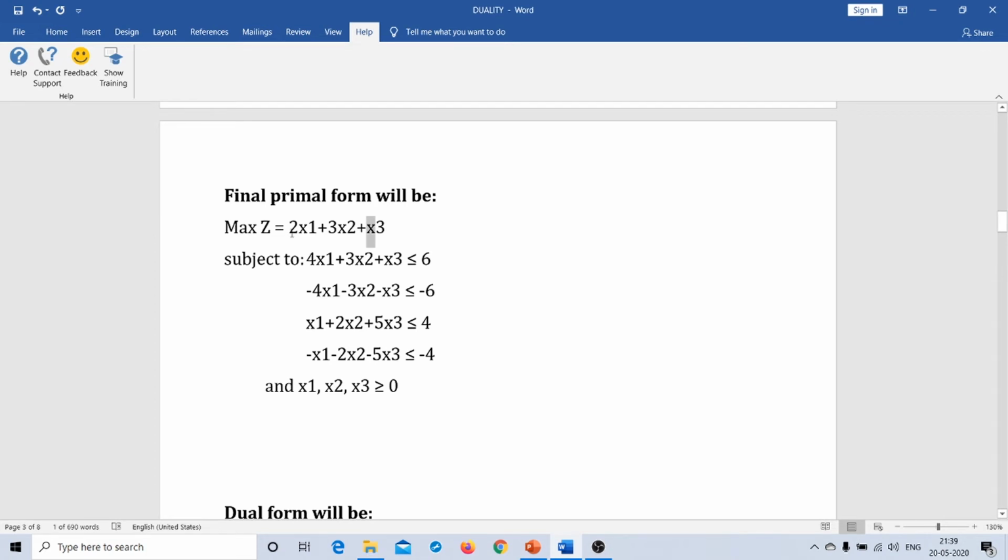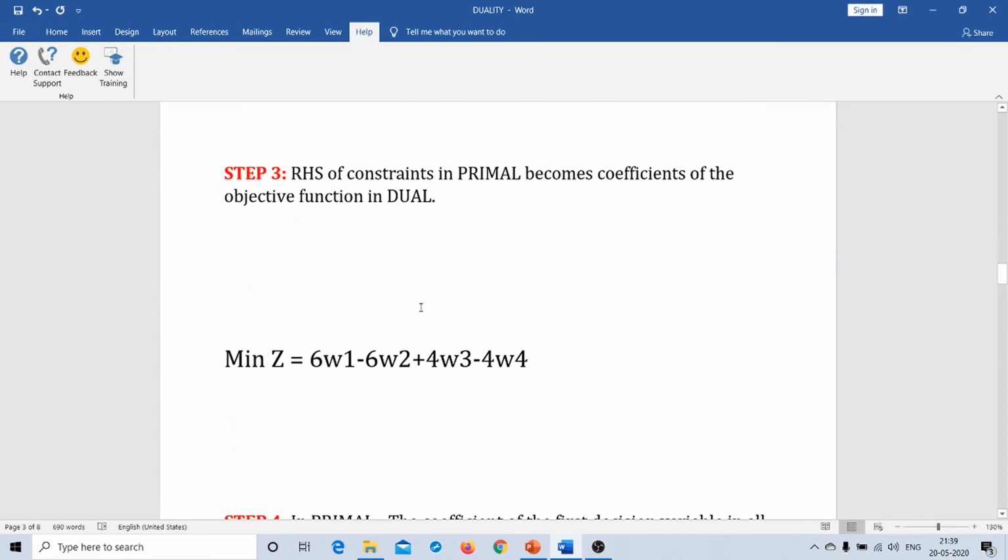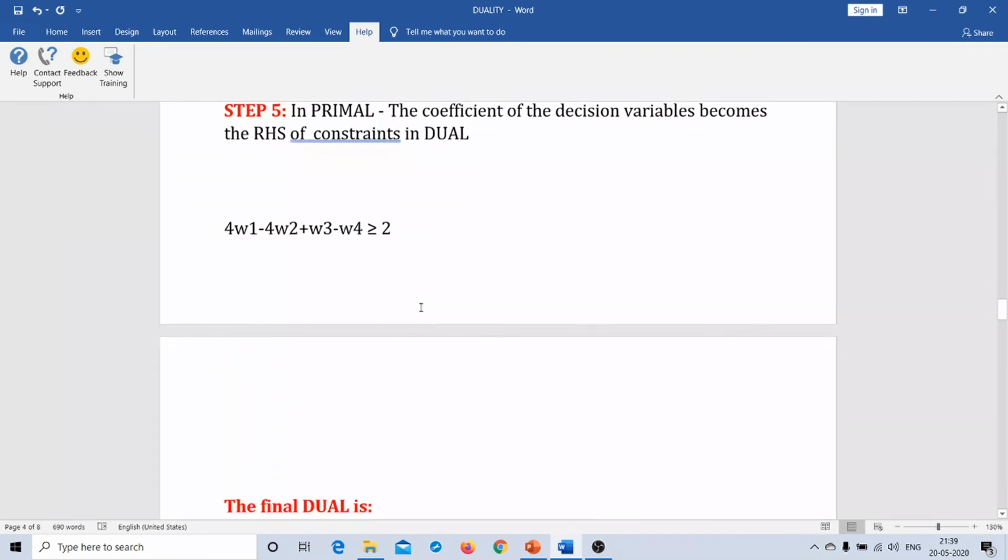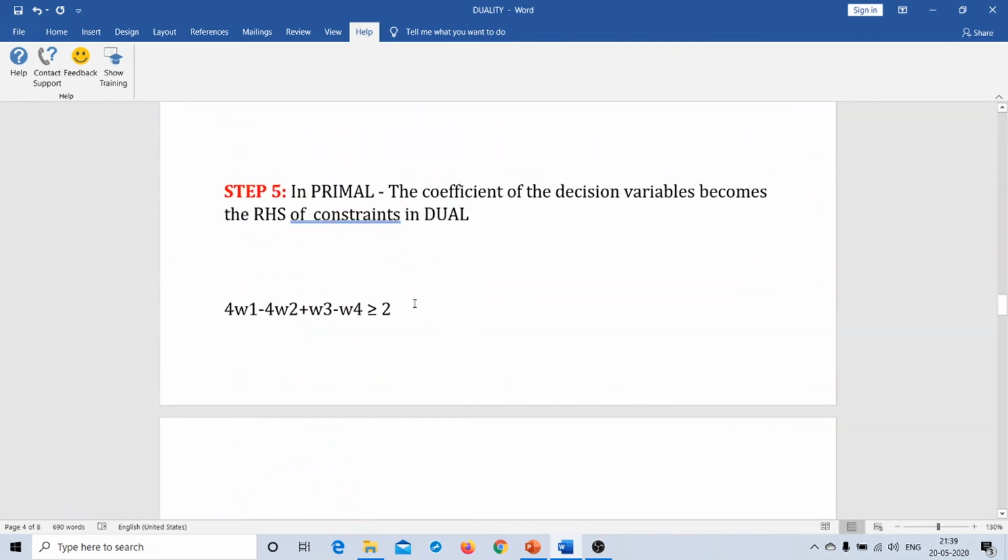So the coefficients of the decision variables in the objective function are 2, 3 and 1. They become the right hand side of the constraints in dual. Right? So the coefficient of the first decision variable in primal was 2, so it becomes the right hand side of the first constraint.